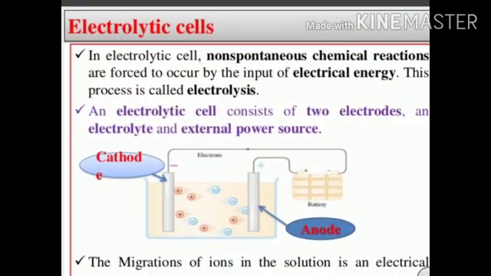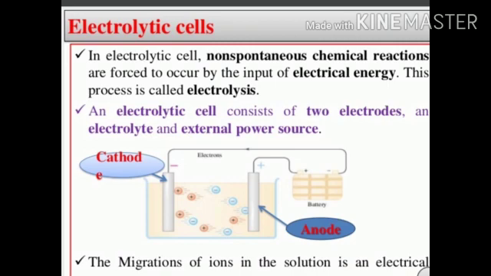Now let's move to the electrolytic cell and electrolysis. Electrolysis may be defined as a process of decomposition of an electrolyte by the passage of electricity through its aqueous solution or molten state.